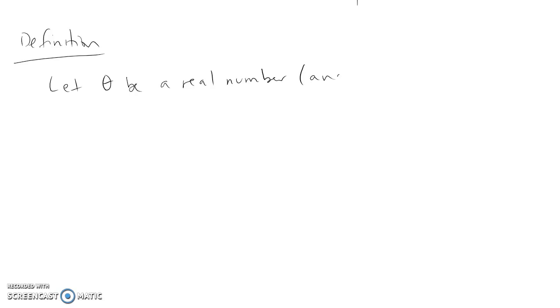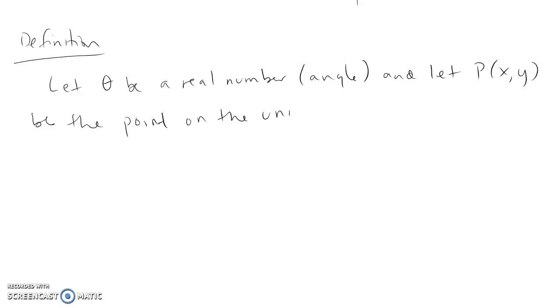Okay, so let's now make a definition. We're going to let theta be a real number, an angle, right? And we're going to let P with coordinates x, y be the point on the unit circle that corresponds to theta. What does that mean? Corresponds.